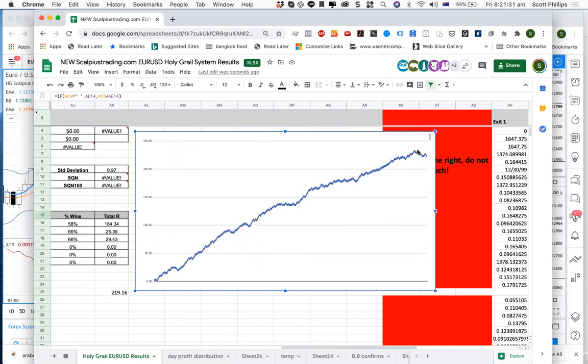It's from 231.55 to 221.83. So if you're trading the whole time, which obviously most of you weren't, you'd be down 2.8%.